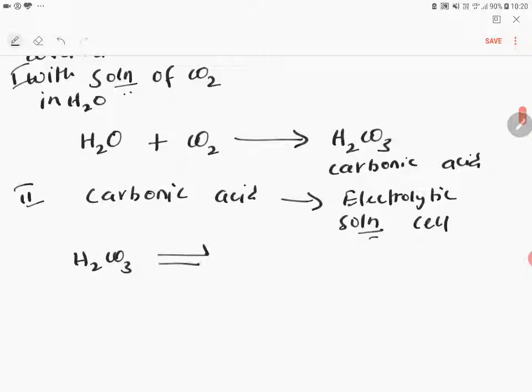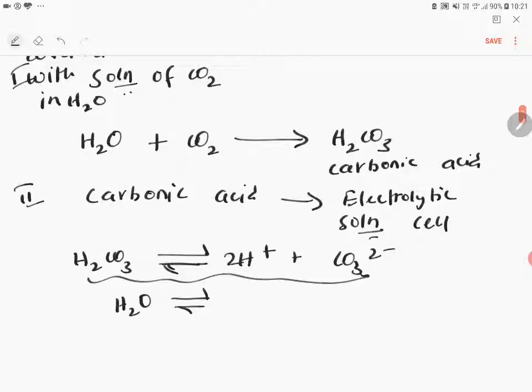Carbonic acid is in equilibrium with H plus and carbonate ion. So due to this H plus is generated, and H2O also ionizes. Once the carbonic acid ionizes, the H plus and CO3 2 minus will attract the water molecule, and water also ionizes into H plus and OH minus. So this is step 2.